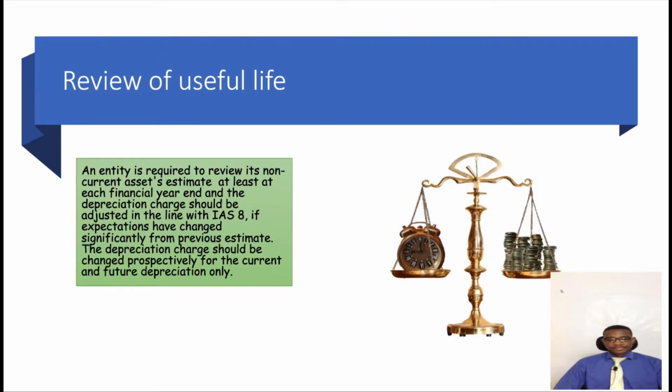Hello once again. In this chapter we are going to look at the review of useful life. An entity is required to review its non-current asset estimates at least each financial year, and the depreciation charge should be adjusted in line with IAS 8 if the expectations have changed significantly from the previous estimate.